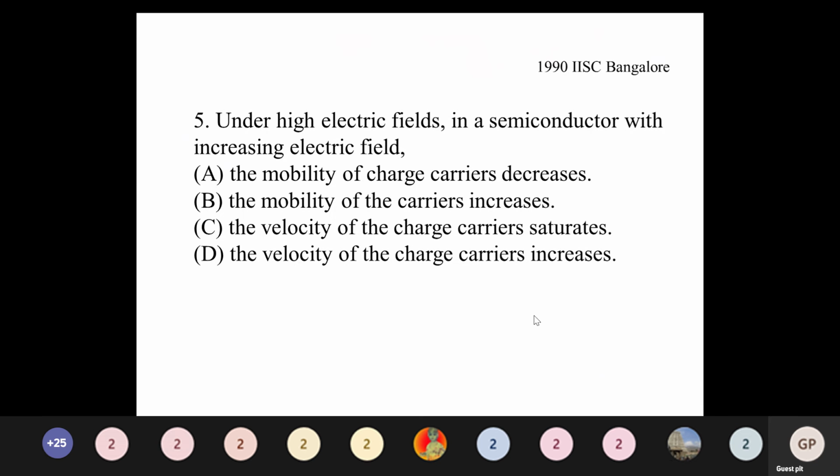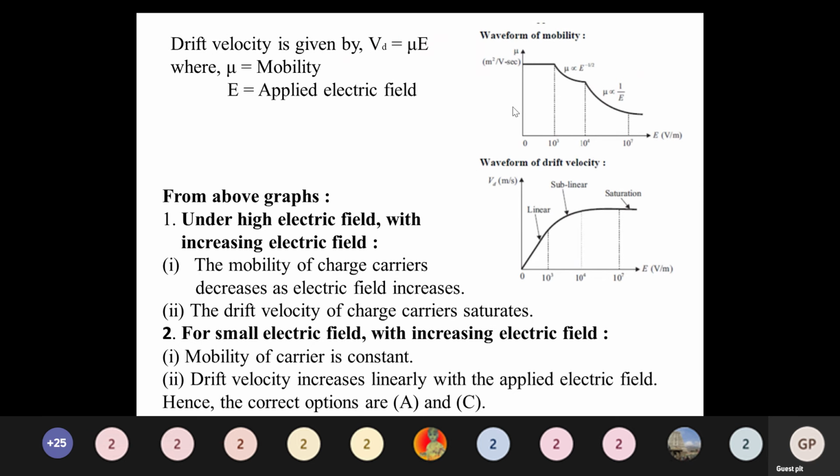For that case, one graph is there. If you know this graph, based on this, you can mostly attend the questions. The graph is drawn between mobility and electric field. The x-axis is electric field, the y-axis is mobility.